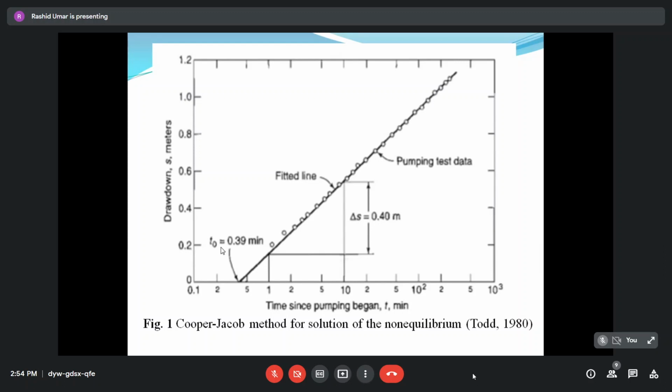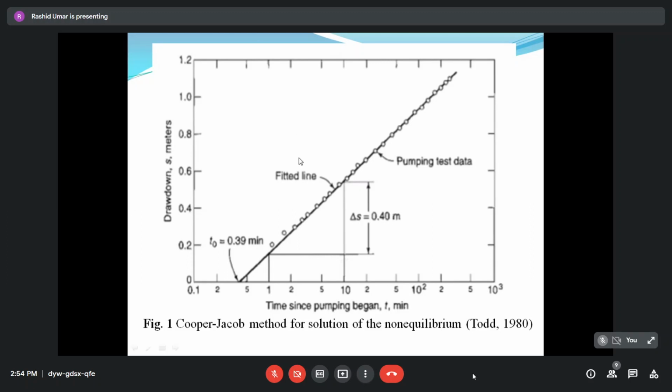Formation loss is because of deviation from laminar flow. So the second cycle or third cycle we consider.